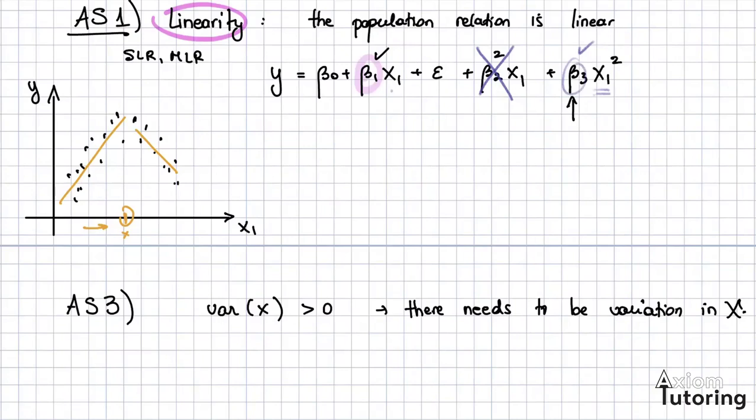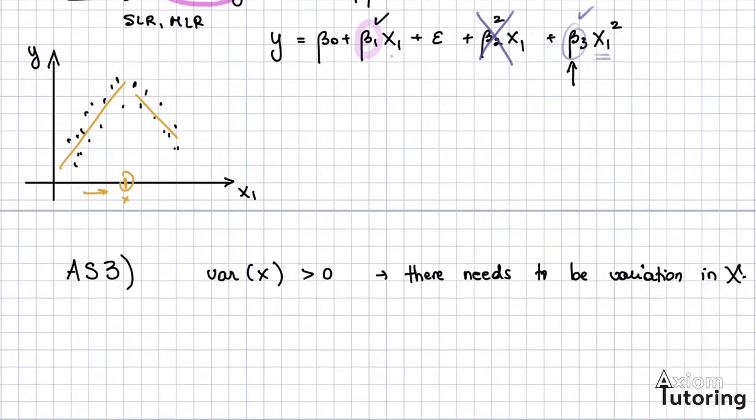How exactly are you going to look for patterns in there if your x variable is not changing much? Now, this assumption, you will only see it under the assumptions needed for a simple regression.